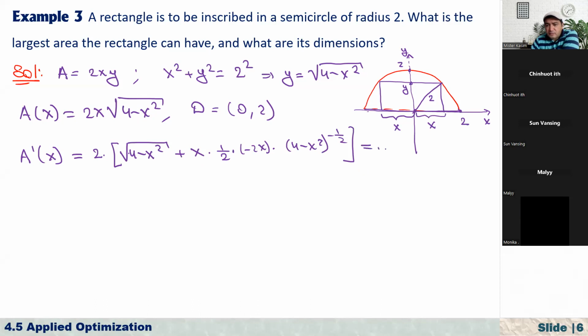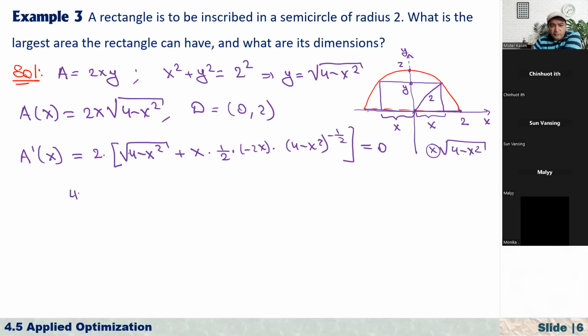Now we have to solve this equation. As you see here, the square root of 4 minus x squared is not equal to 0, so I can multiply both sides by the square root of 4 minus x squared. I'm also dividing both sides by 2, because I'm just solving this equation.